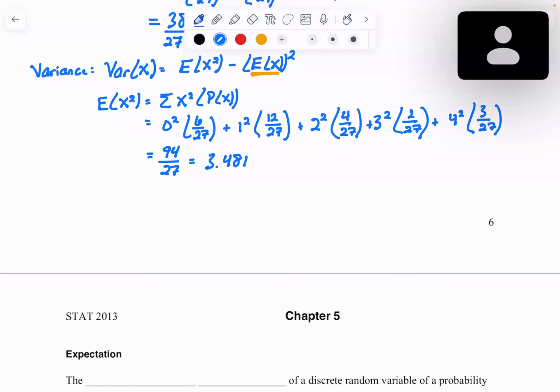So this implies the variance of x, remember, is the expected value of x squared minus the expected value of x, this quantity squared. So we know what the expected value of x squared was, 3.481.